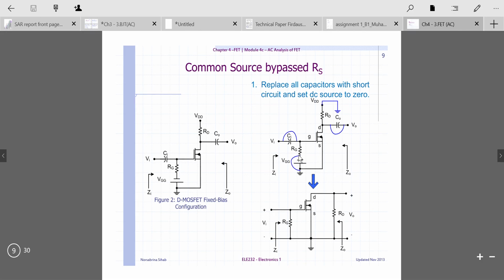You can see the capacitors CI and CO will be short circuits, and VGG and VDD will be grounded. So the equivalent circuit will be like this one.